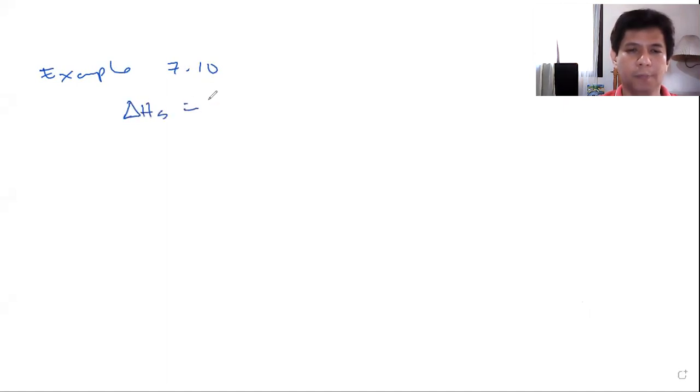Okay, so we're trying to solve example 7.10. So pump. First, let's calculate delta HS. The formula for delta HS is specific volume times the change in pressure.